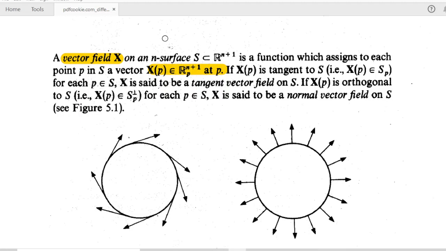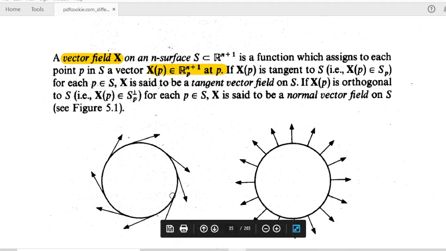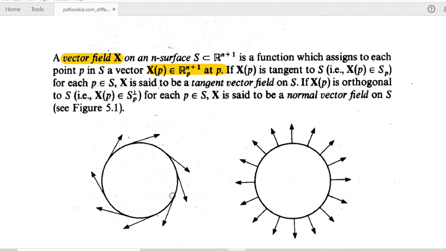It is a function on the surface S such that at every point on the surface we can assign a vector at that point. Simply we know vector field is a collection of vectors. So at every point P, if we can assign a vector at that point, that collection of vectors we call it a vector field.